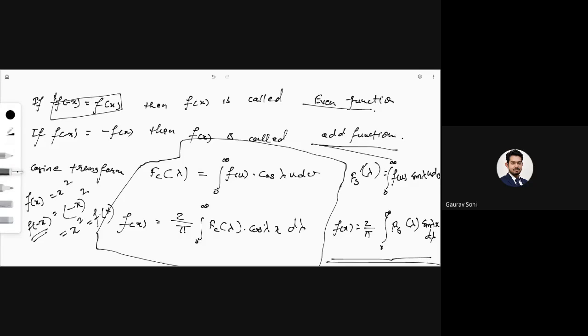F of minus x is equal to f of x, and that's why the function is even. Once the function is even, I can directly find out the Fourier cosine transform. If the function is odd, I can find out the sine transform. Okay, so that's all the theory part about Fourier transforms.